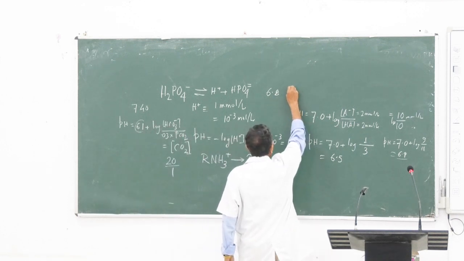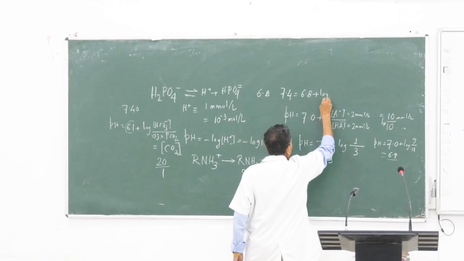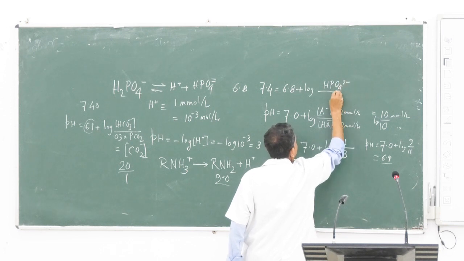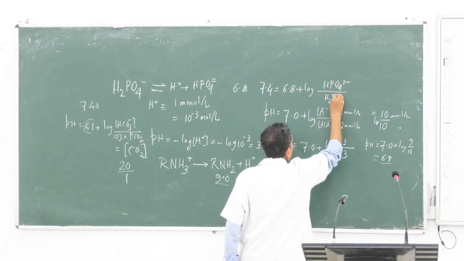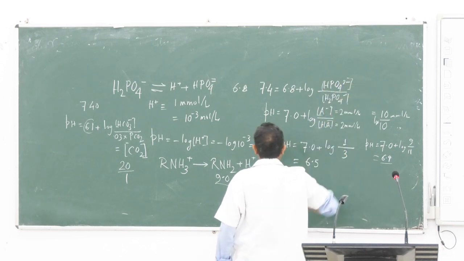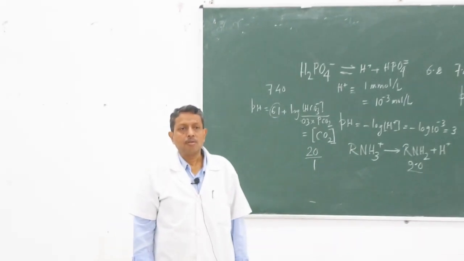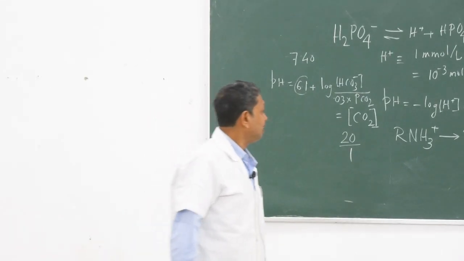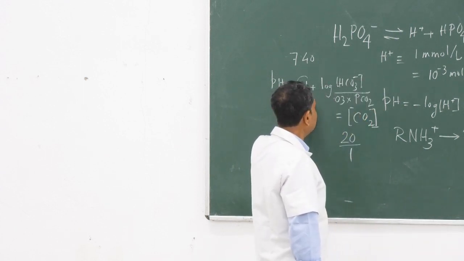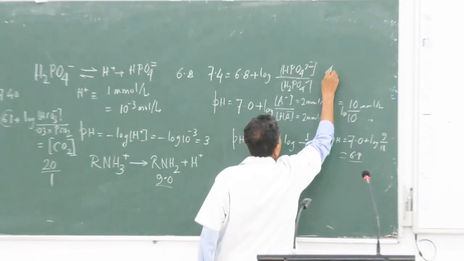Suppose in case of phosphate buffer, pH 7.4 if you take, it is 6.8 plus log of HPO4 2 minus and H2PO4 minus. Its ratio becomes 4:1. In the bicarbonate case it is 20:1 when the pK or apparent dissociation constant is 6.1, but here it becomes 4:1.